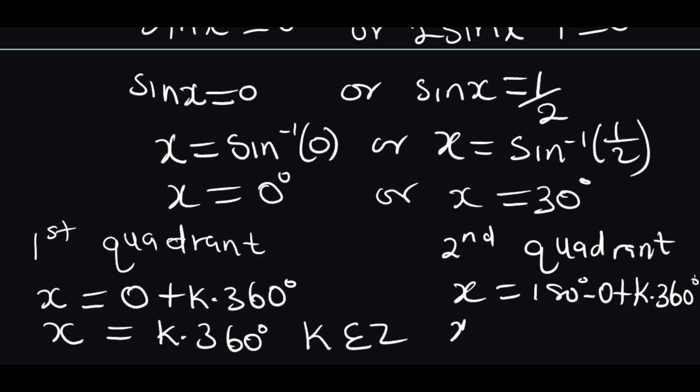Therefore, we have x is equal to 180 degrees plus k times 360 degrees, where k is an element of integers.